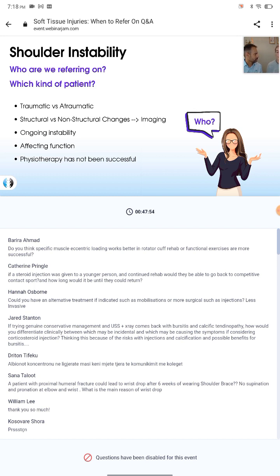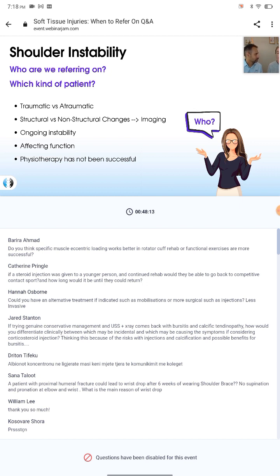Just going back to imaging, when we're thinking about type 2 and type 3 shoulder instability, we wouldn't necessarily image, because if they've got this kind of mechanism of injury that's really low level, not trauma, there's not going to have been enough force to cause labral changes.